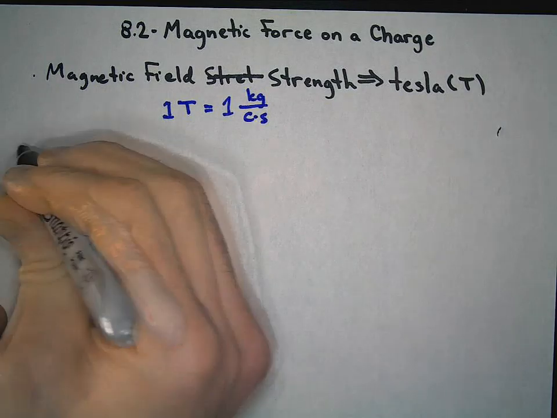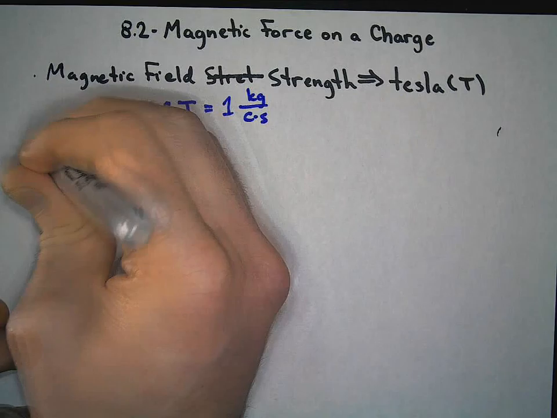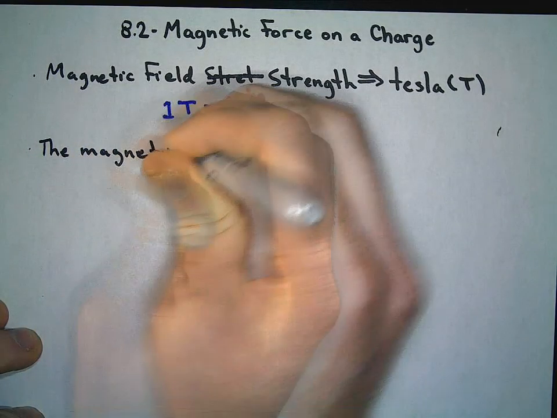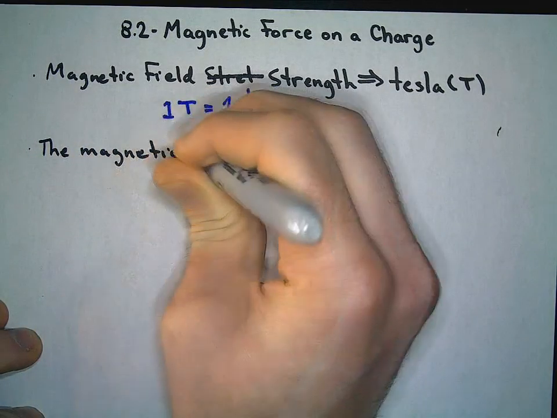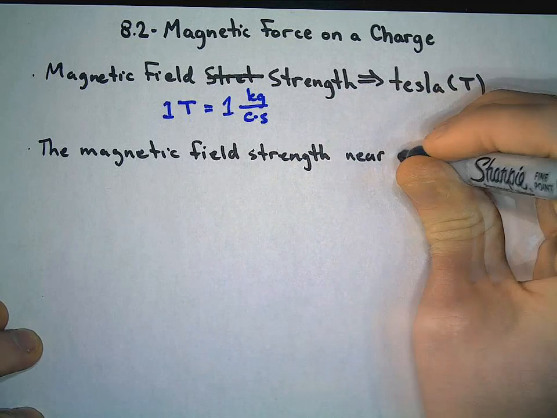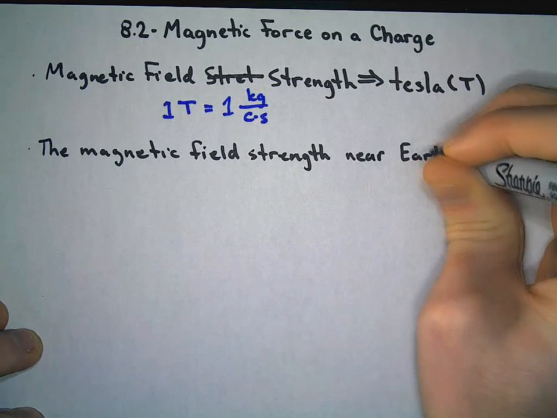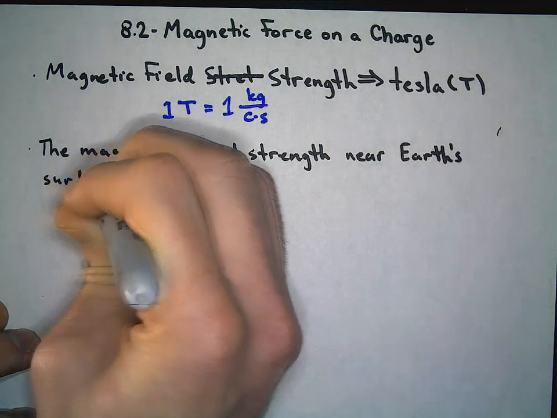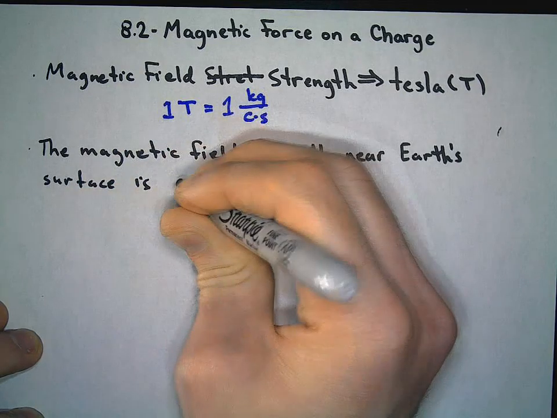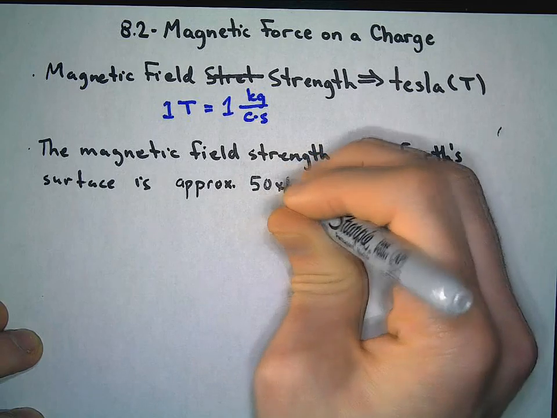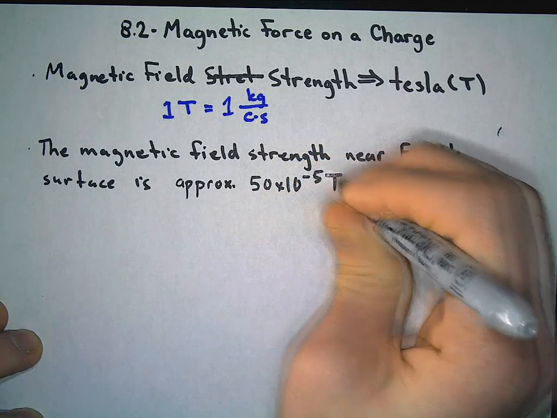It should be interesting to know that the magnetic field strength near Earth's surface is approximately 50 times 10 to the negative 5 Teslas.